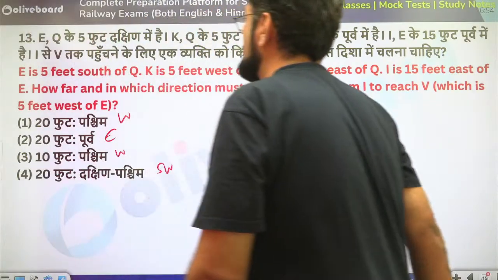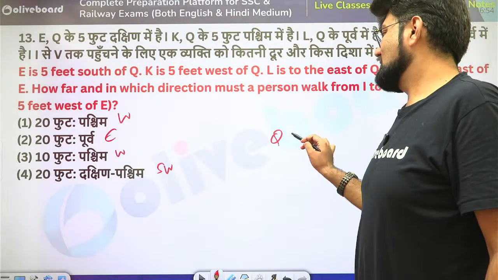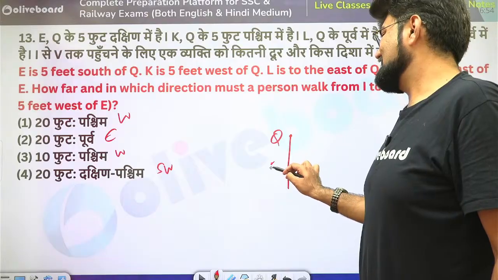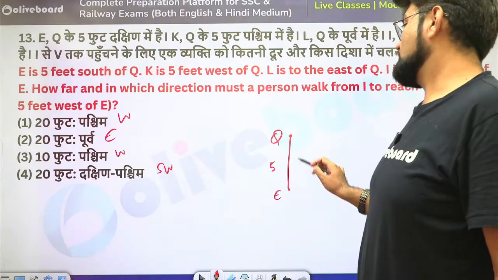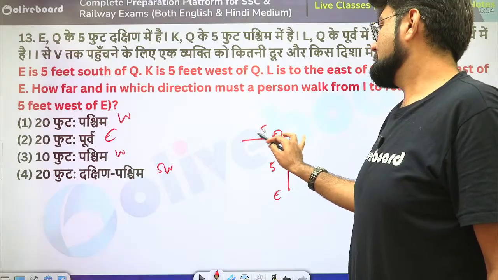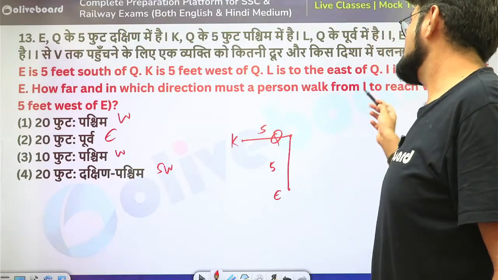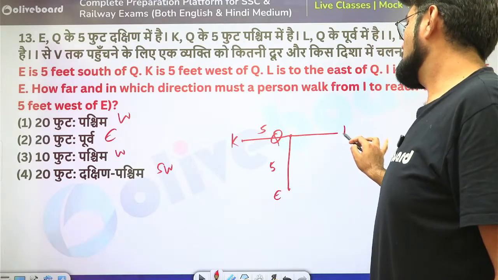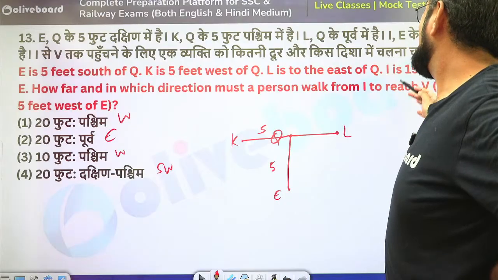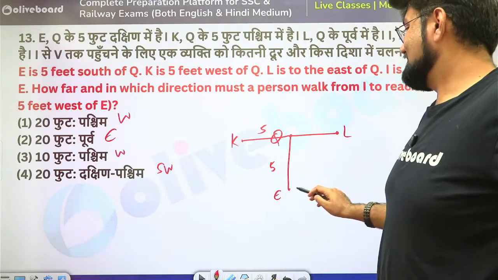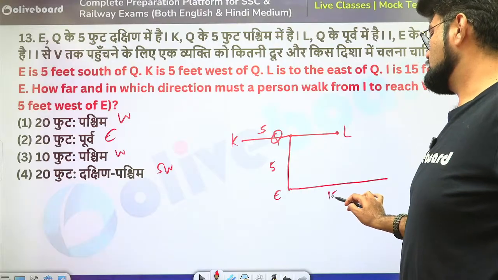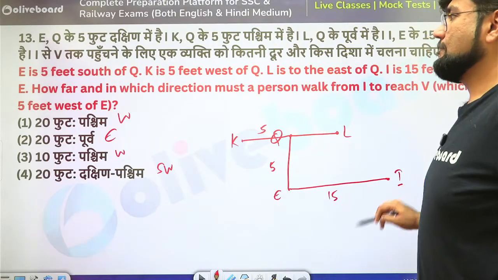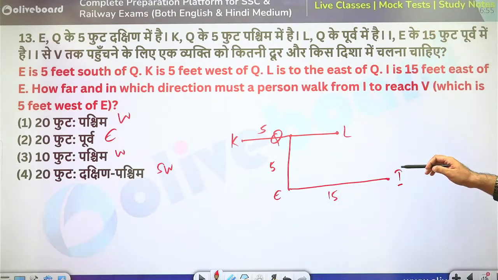E is 5 feet south of Q. So if this is Q, 5 feet south of it is E. K is 5 feet west of Q. So equidistant. L is to the east of Q. I is 15 feet east of E. We don't know whether L is more or less, but at least we'll draw this as 15 feet east of E is I. How far, in which direction must a person walk from I to reach V, which is 5 feet west of E?